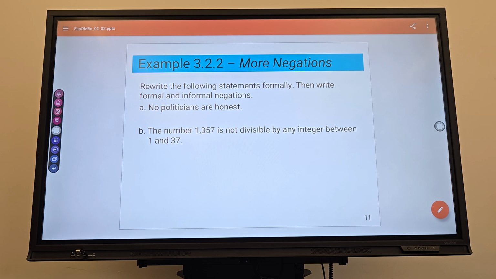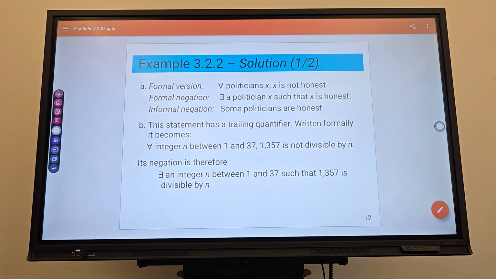The negation of that would be, let's see here: there exists an integer n between 1 and 37 such that 1357 is divisible by n. Is that right?